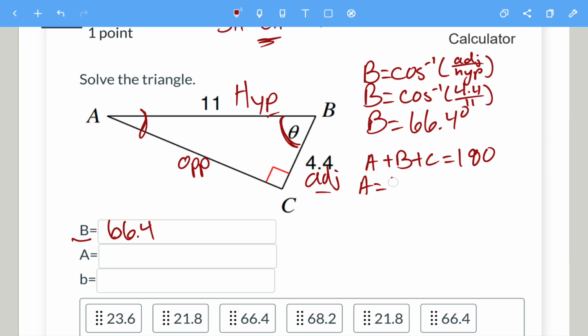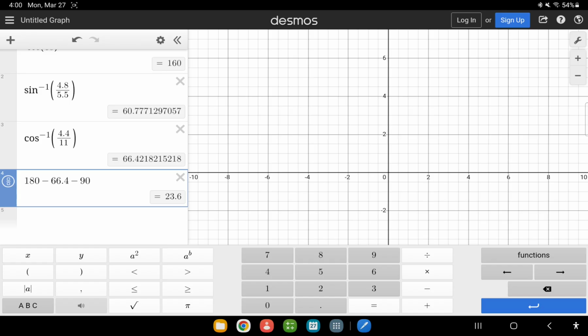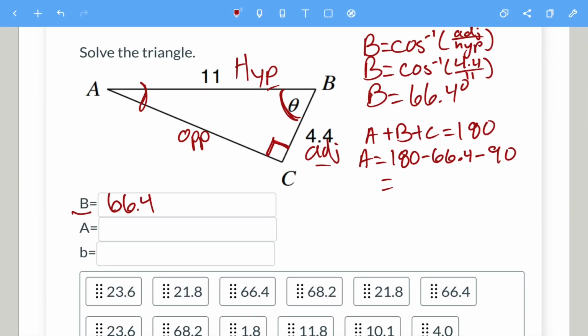So to get A, we could just subtract both angle B, which is 66.4, and 90 degrees, because this is a right angle. And that will give us our angle, which I've gone ahead and plugged into our calculator, which is 23.6 degrees.